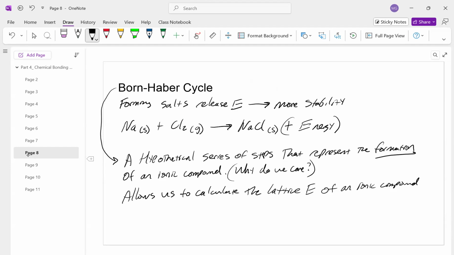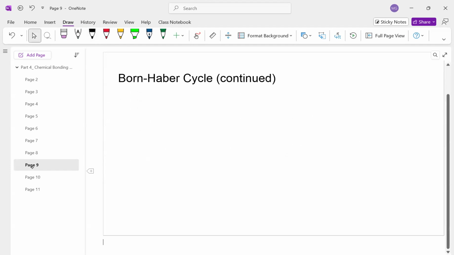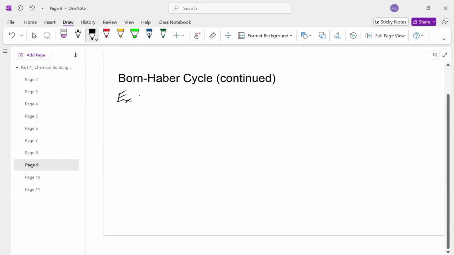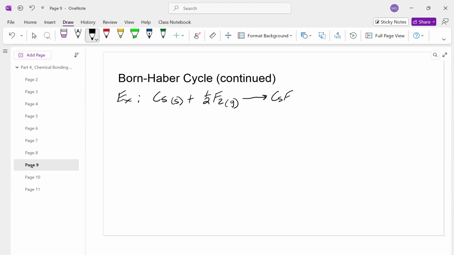And as I said, I'm going to dive a lot deeper into this down the road, but let's just do a quick example. We're going to look at this reaction between cesium metal and fluorine gas to make cesium fluoride.